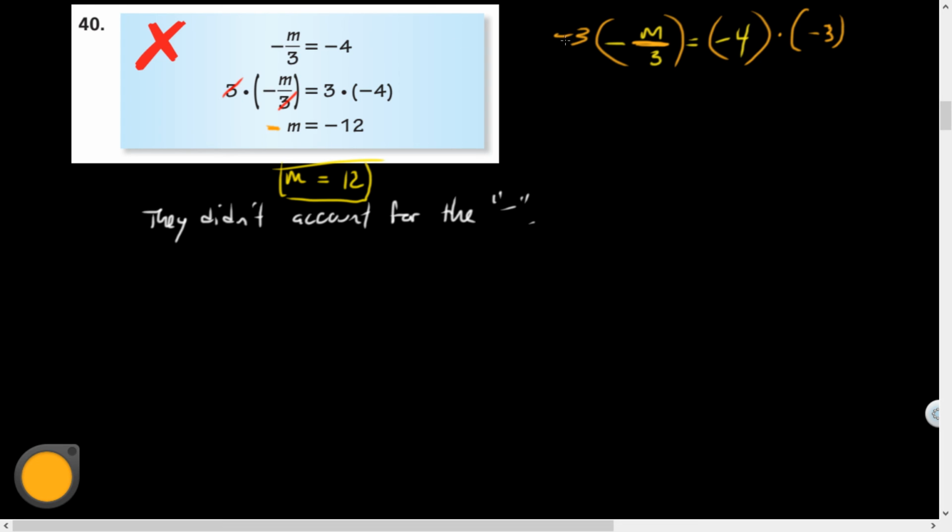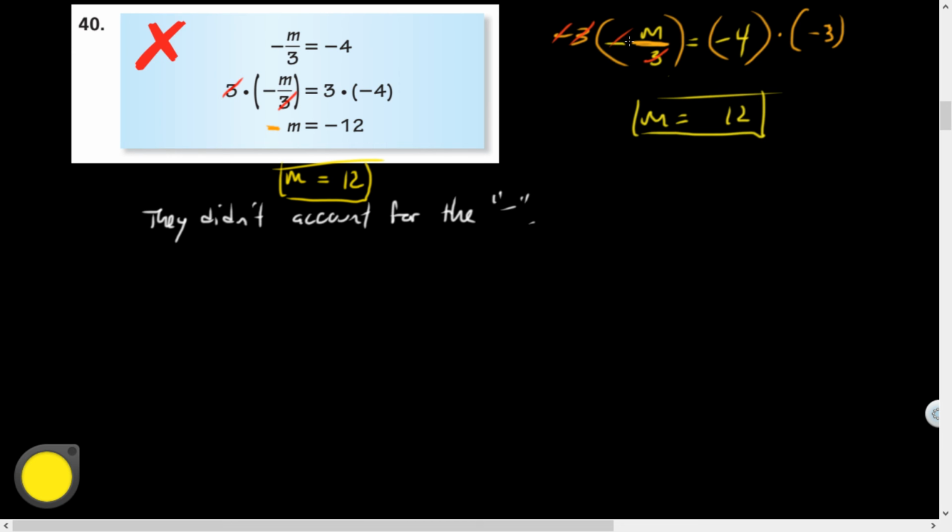If I multiply by -3, it will in one step also get rid of the minus sign. So the 3's swipe out and the minus signs swipe out, and in one move rather than two, I would have been able to get m equals negative times a negative, by the way, is positive 12. So I do, in fact, get the same answer.